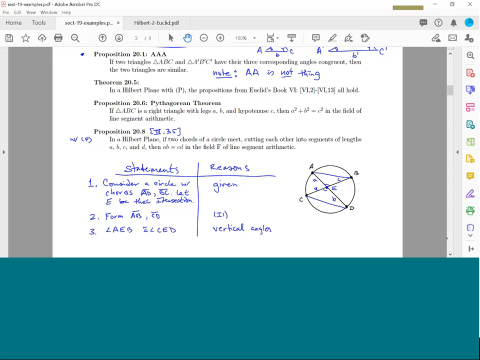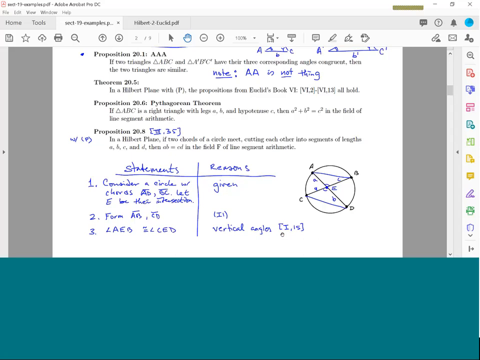Now, I have forgotten which proposition vertical angles is back in section 9 when we were building up to a Hilbert plane. But I do remember that this guy is Euclid's Book 1, Proposition 15, and that's just because I used it too many times out of classical geometry. So this is one of those things where you're like, all right, I know this came from Euclid, so that means it's not necessarily something that we can use in a Hilbert plane.